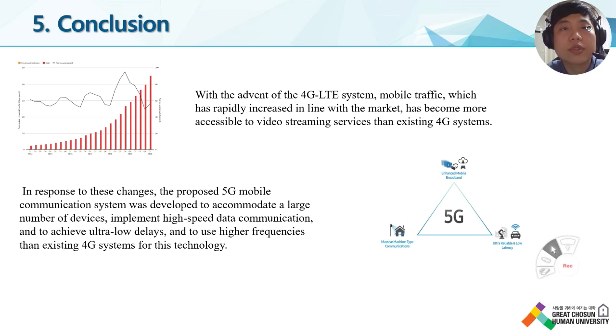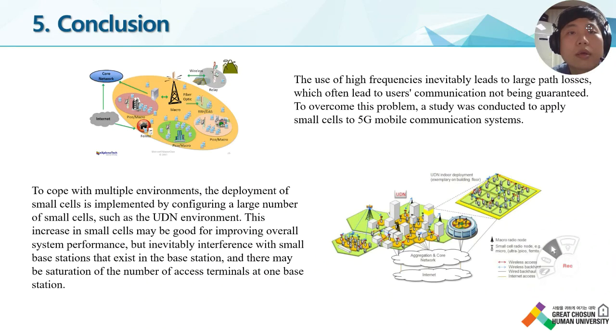In response to this change, 5G mobile communication technology meets the needs of accommodating a large number of devices with low delay and high-speed communication, and uses higher frequencies. Using high frequencies has also caused path loss and moisture absorption in the air, which led to the study of small cells to solve this problem.